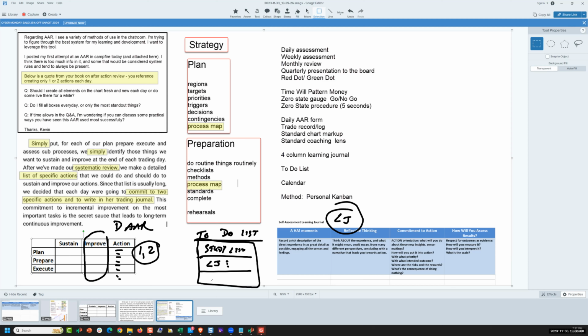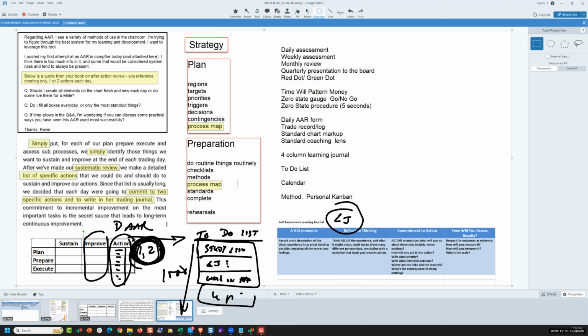And some of them are going to be work on AAR lists or update my list of 1 to 1,000 things. Like if there's an action that I need to take, it's going on the to-do list, but I'm only going to pick 1 or 2, the highest priorities, the biggest payoff of the things that I'm going to fix tomorrow.